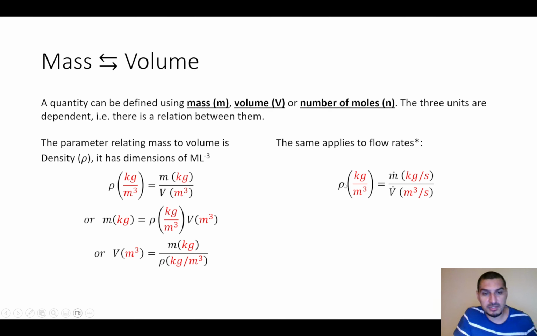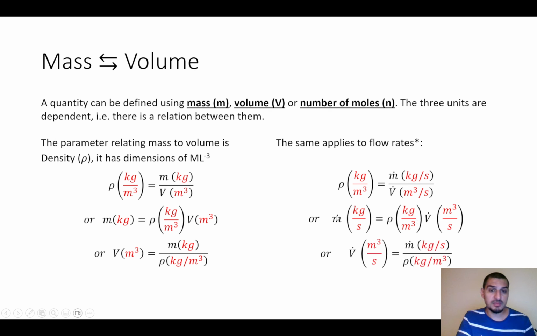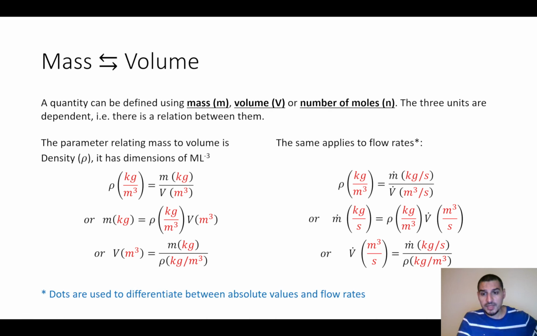Density is a physical property, it has nothing to do with the flow. So the density can be mass over volume or mass flow rate over volumetric flow rate. And we can rearrange the equation to be mass equals density multiplied by volume, or mass flow rate equals density multiplied by volumetric flow rate, or the opposite. And again, the dots here are just for differentiation between the quantities and the flow rates.